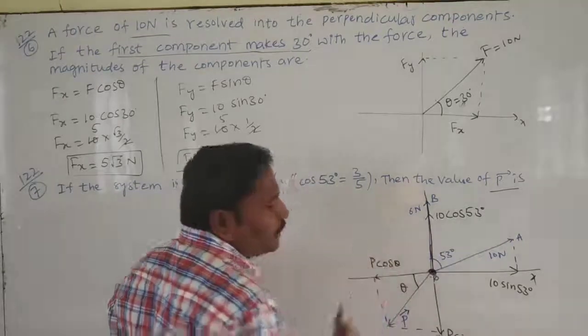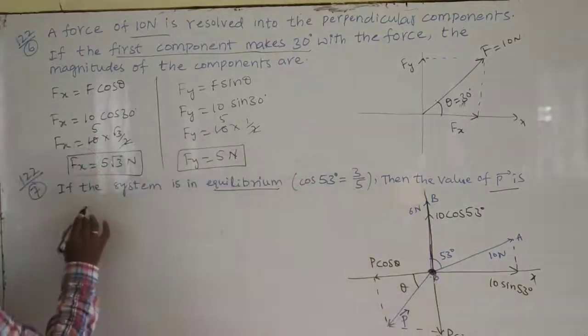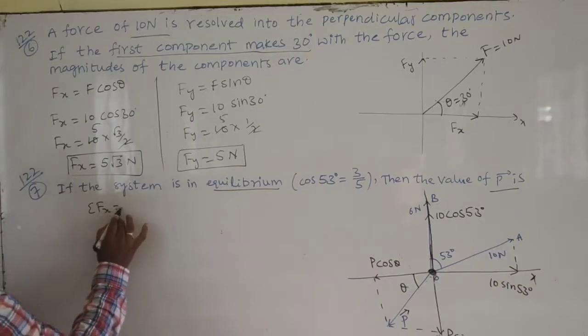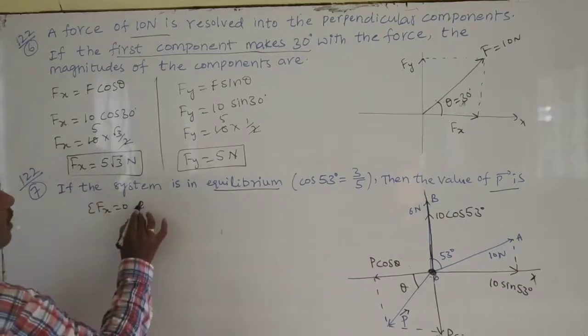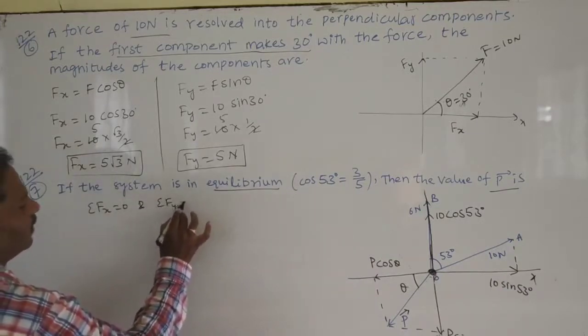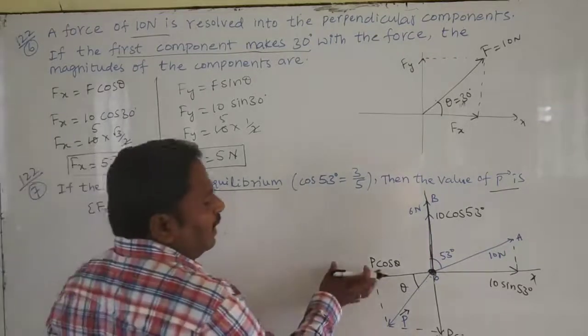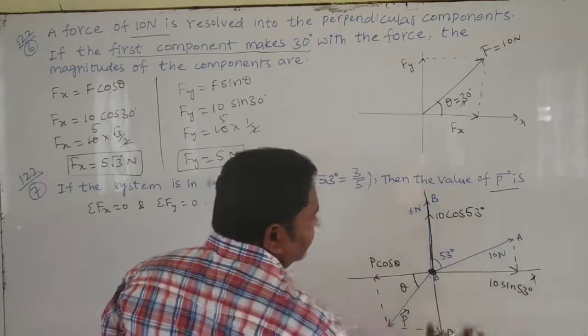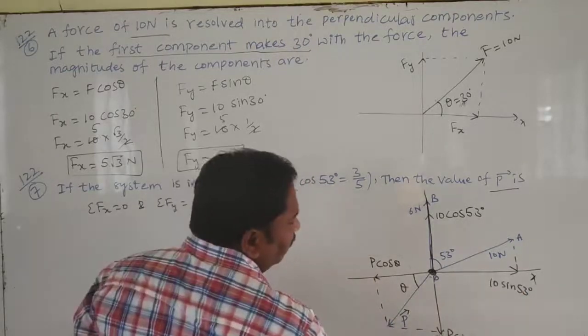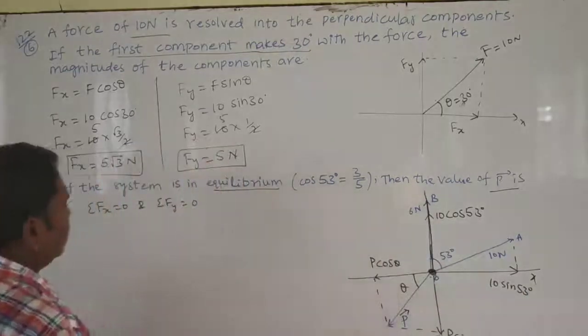Net force is equal to 0. That means the algebraic sum of the forces along the x-axis equals 0, and along the y-axis equals 0. That means left side force equals right side force and downward force equals upward force.